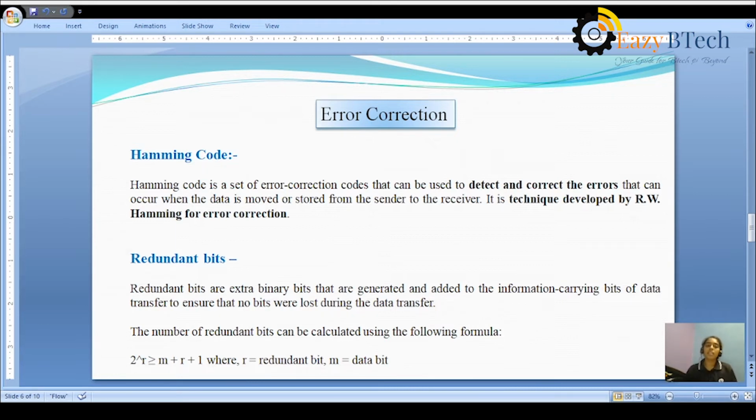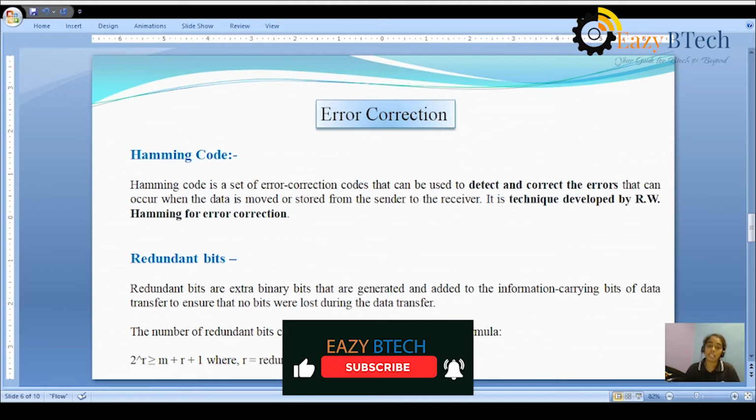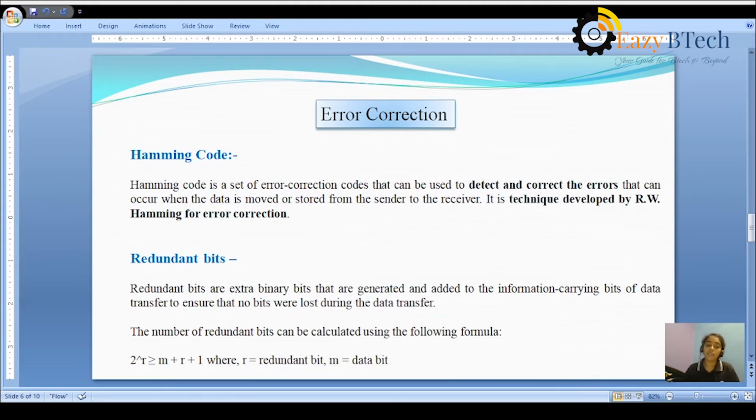In this Hamming code, we use redundant bits to identify the errors. What is meant by redundant bits?